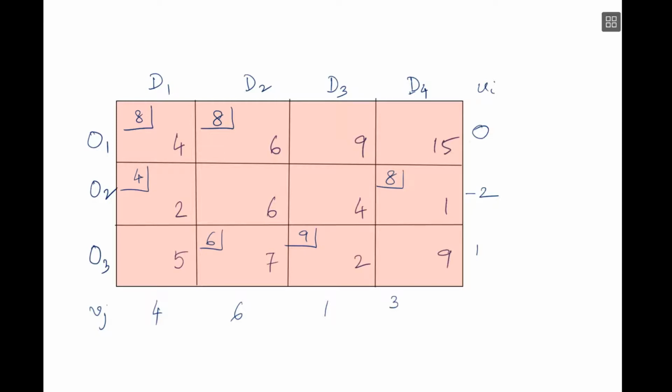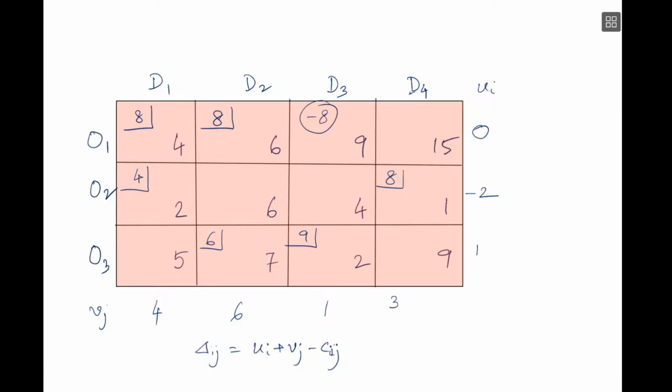And now we find the delta ij's. The net evaluation delta ij equals Ui plus Vj minus Cij for the unallocated cells. First two are allocated cells, so in the cell 1,3 we have net evaluation equal to 1 plus 0 minus 9, so it is minus 8.